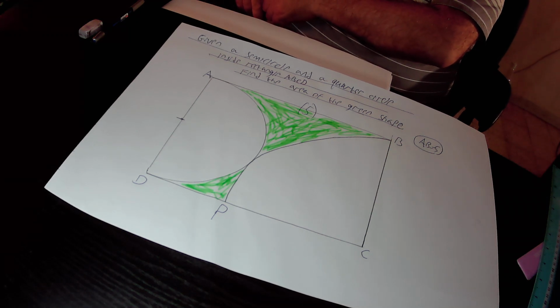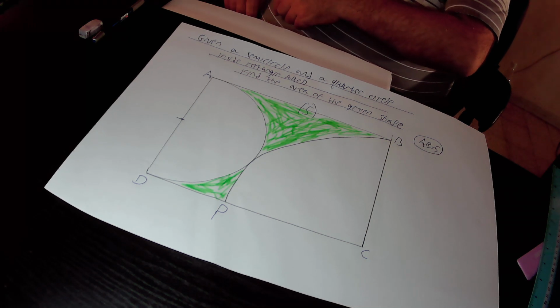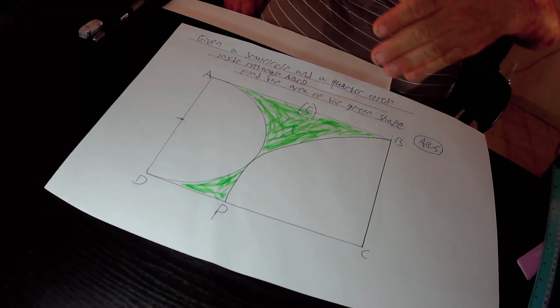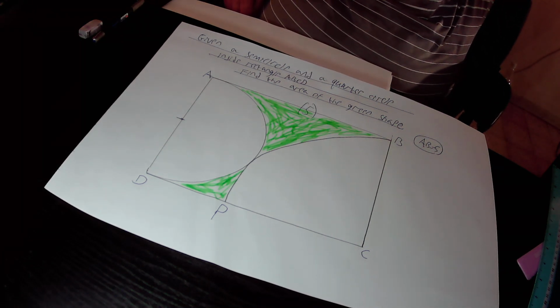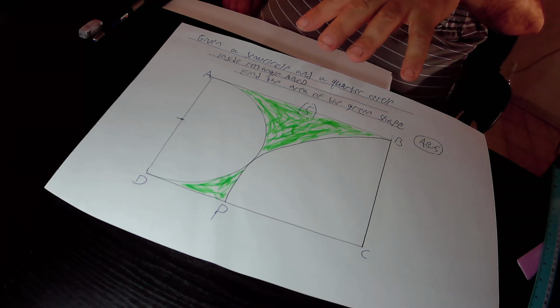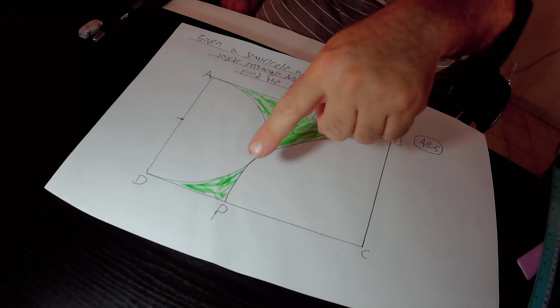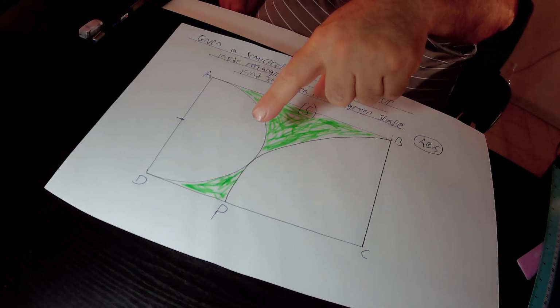In the drawing, we have rectangle ABCD. We know that side AB of this rectangle equals 5 units in its length. Inside this rectangle ABCD we have this semicircle and this quarter circle. Again, our mission is to find out the area of this green shape.